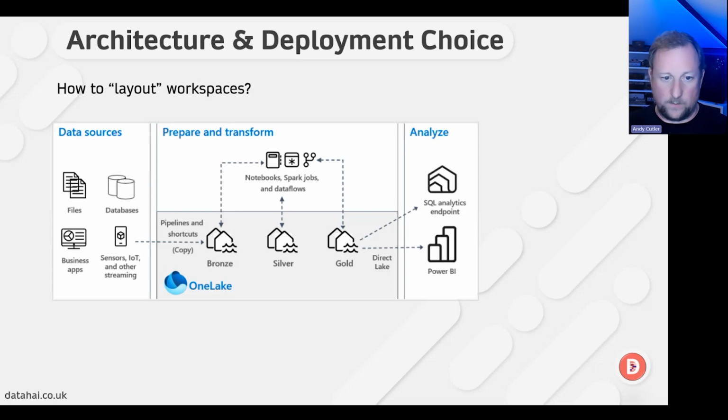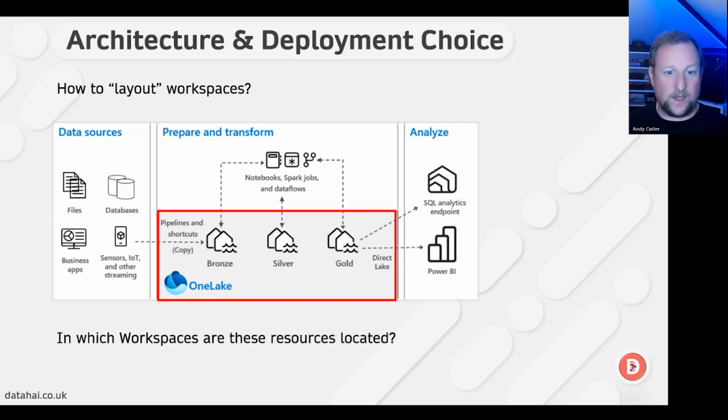But ultimately, where do these resources sit? Where am I putting this bronze lakehouse or this silver lakehouse or this gold lakehouse or warehouse? How do I know how to set these things up? I don't really want to have to run my POC, and this is the thing that I've got to struggle with at the beginning.